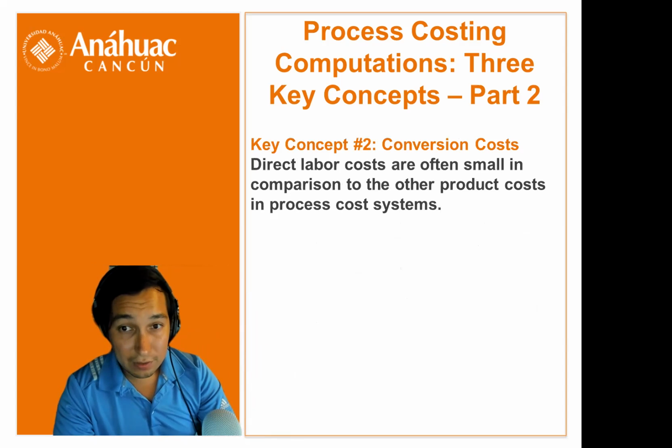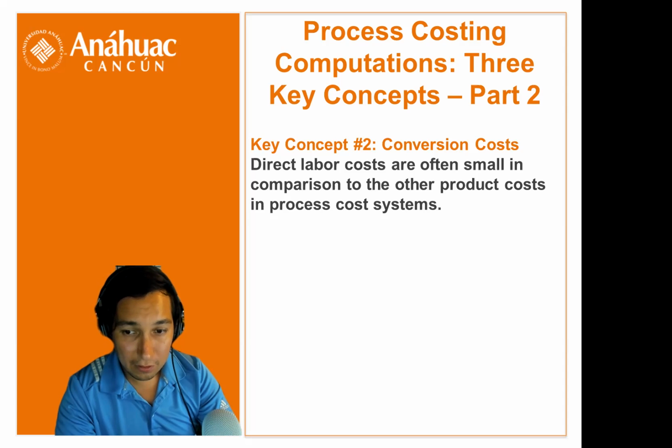The second key concept is conversion costs. Remember that I just told you about conversion cost, and we learned it at the beginning of the semester. It's when we combine our direct labor and our MOH together. Direct labor costs are often small in comparison to other product costs in a process costing system.